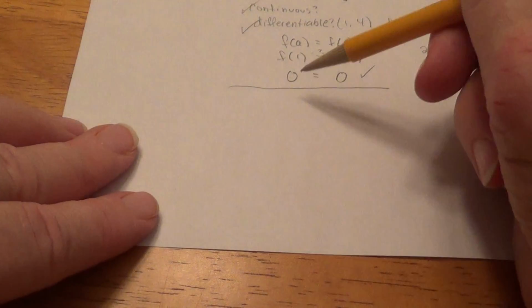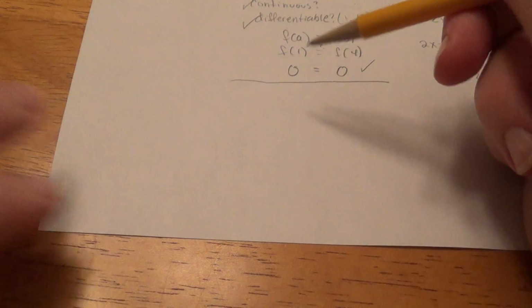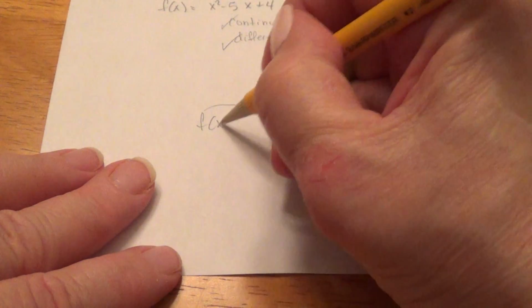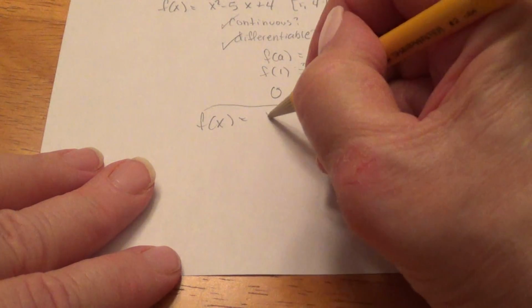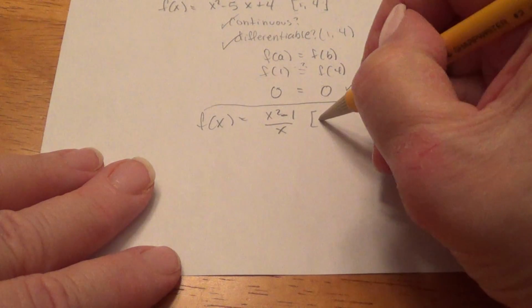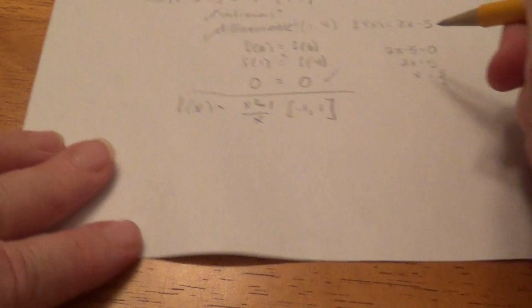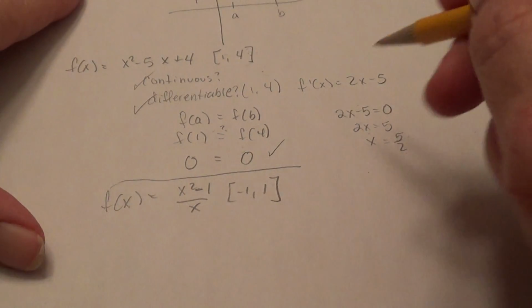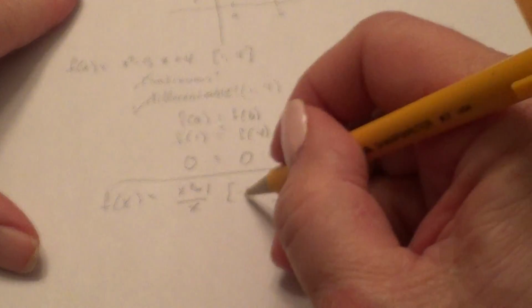All right, so let's look at another one. Let's look at f of x equals x squared minus 1 over x on the interval between -1 and 1. We have to ask the question, is it continuous on that interval?